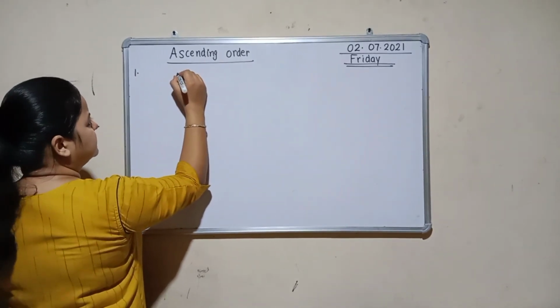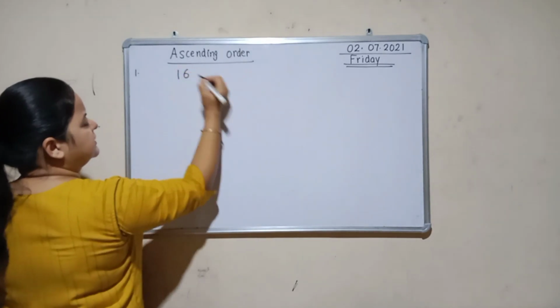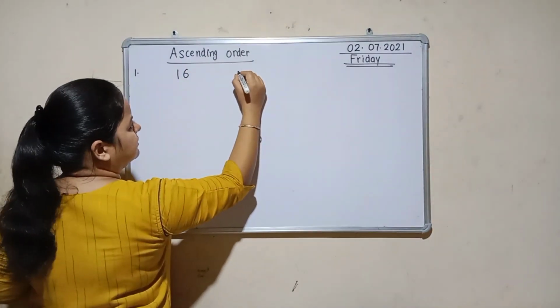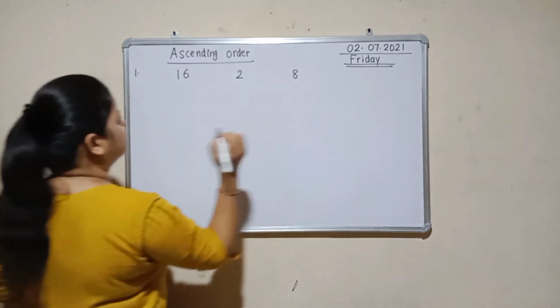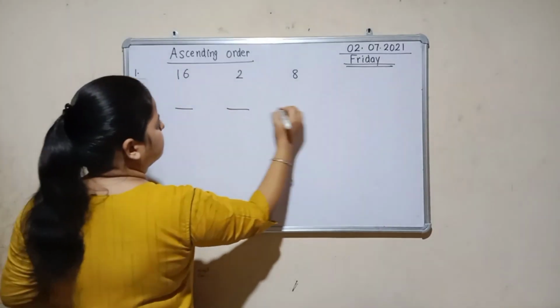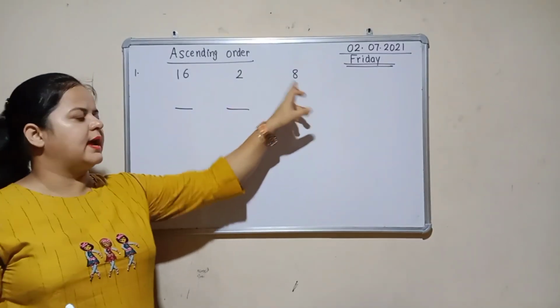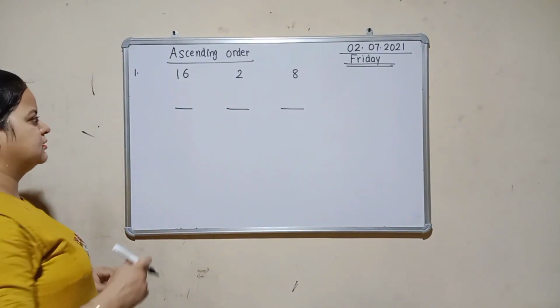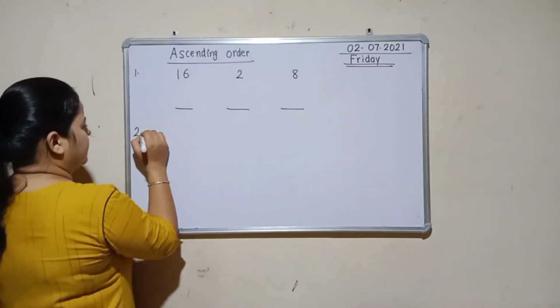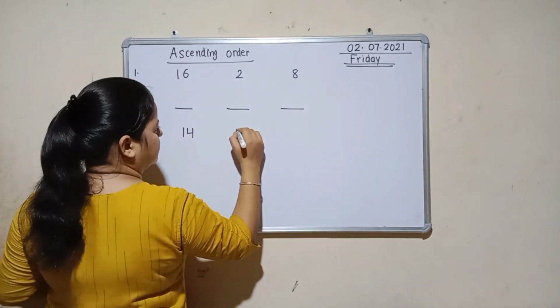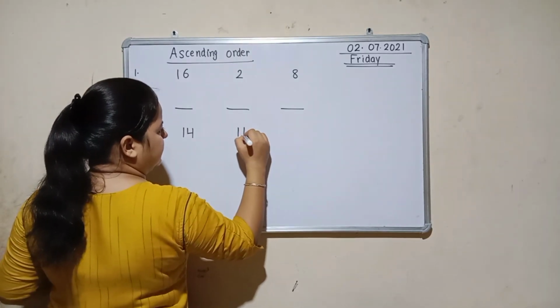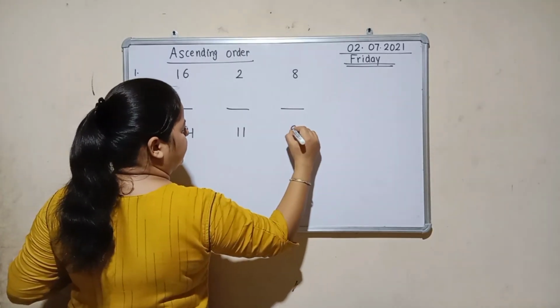Here is the first sum: 16, 2 and 8. We have these three numbers only, 16, 2 and 8. The next is 14, 11 and 9.